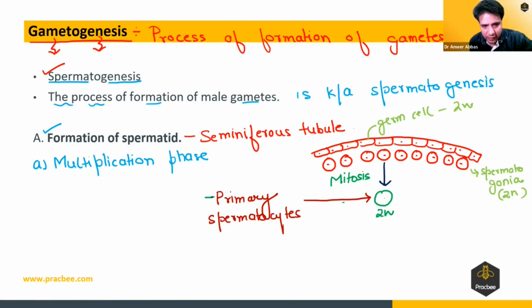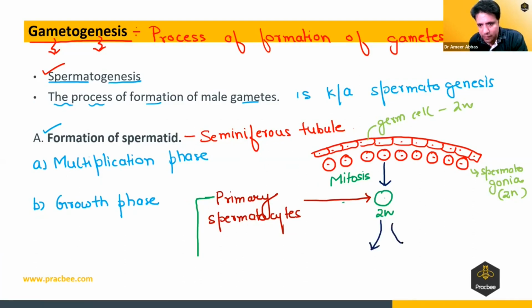As soon as this primary spermatocyte forms, the second phase starts, the growth phase. In the growth phase, the primary spermatocyte will divide.